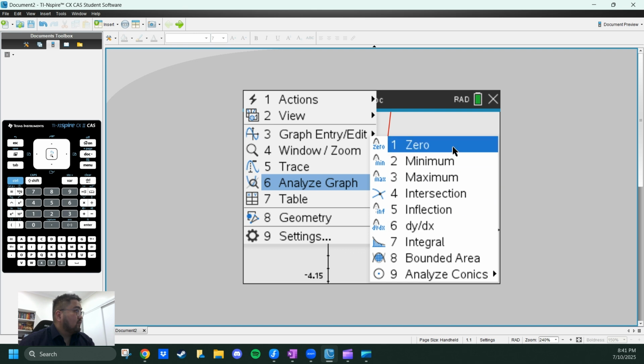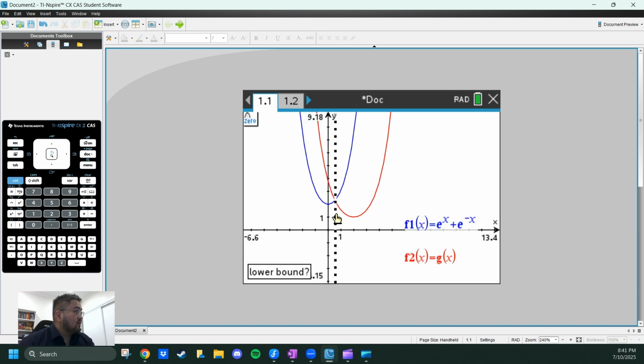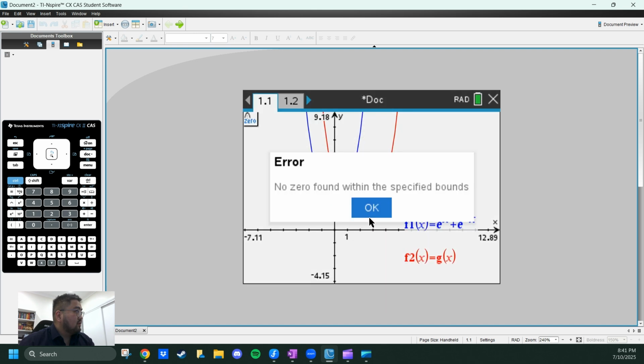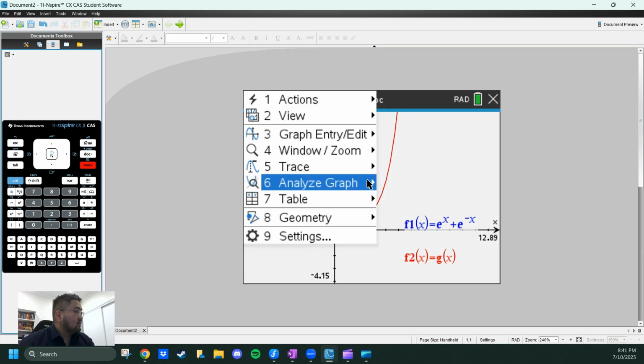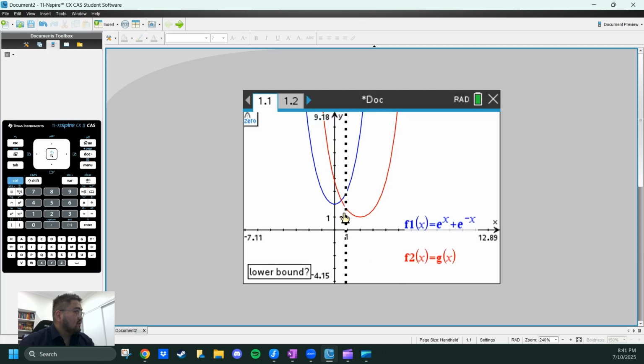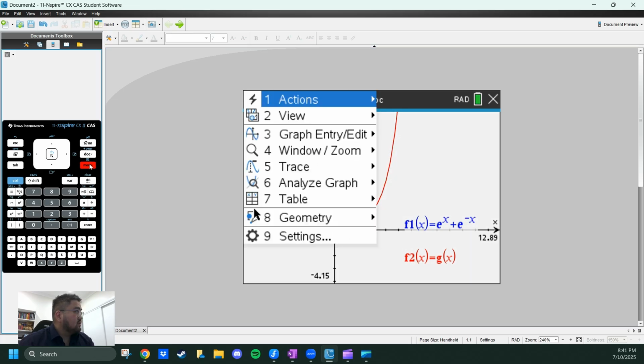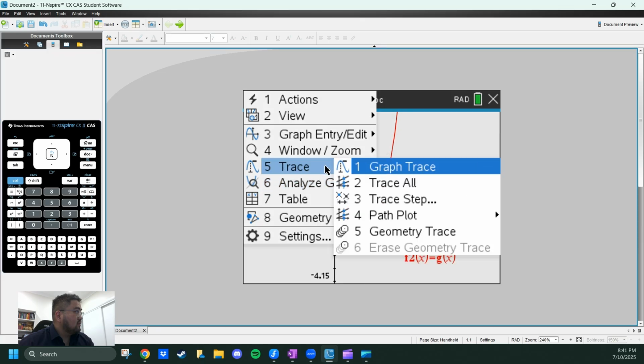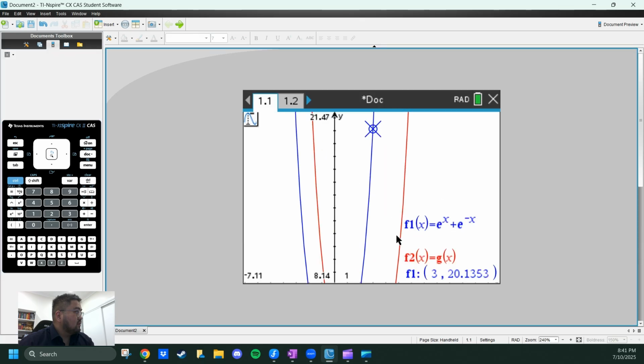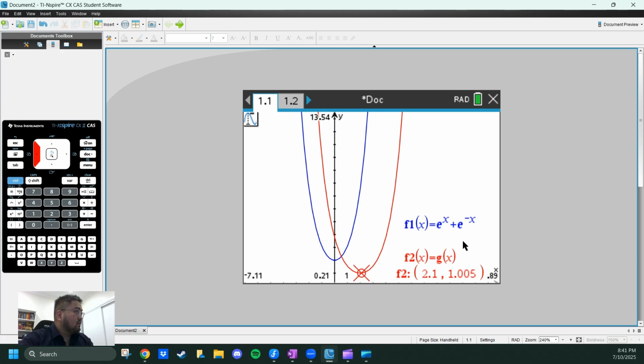We analyze the graph, and we've hit a minimum at 2, 1.